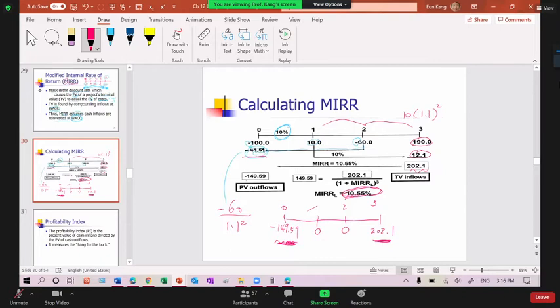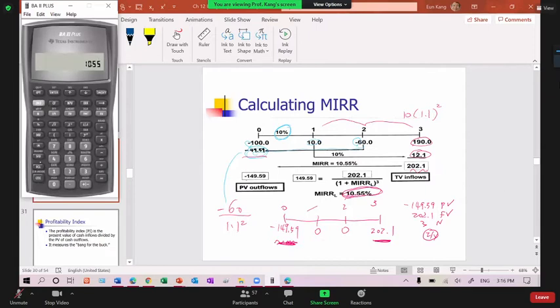Okay, it is this. Simply, you invest, that is present value, and 202.1 is future value. It took 3 years, 3N, and so solve for IY.